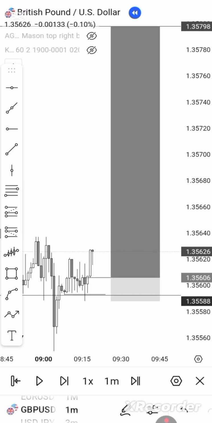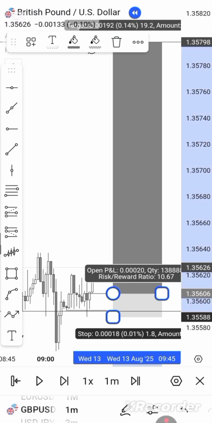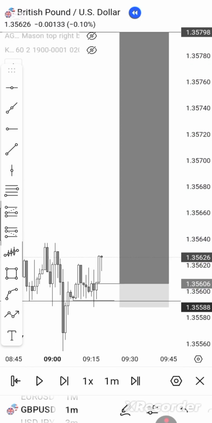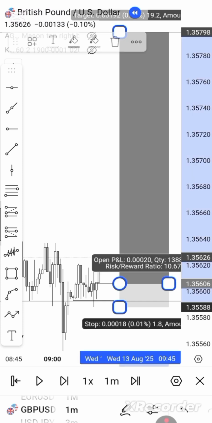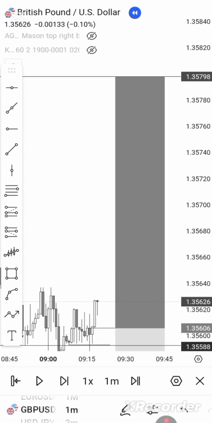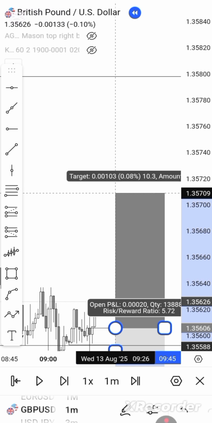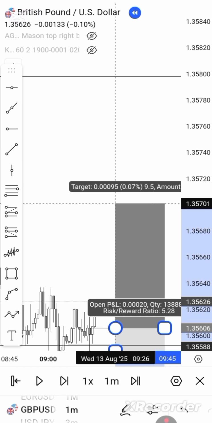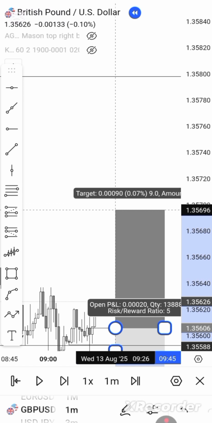Now, this is a 10 RR trade. The 50% of it will be 5 RR. So our first target will be 5 RR. That's the 50% of this. Let me check where our 5 RR will be. Okay, this 5 RR.